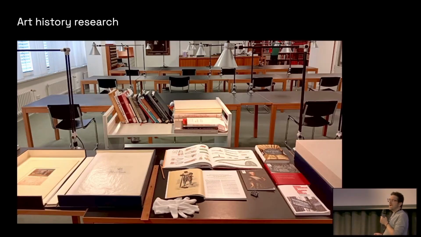But I will go back to the art history research, because this plays an important role in our visualization attempts: to understand how an art historian works, how art historians document the sources they try to present, and how they produce knowledge.